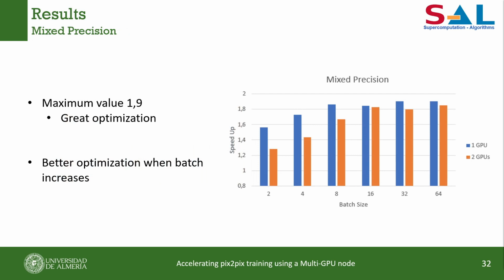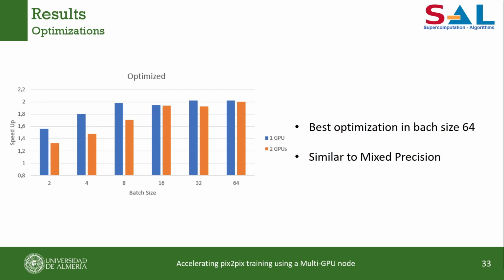Second, mixed precision produces a greater acceleration, reaching a 1.9 speedup. Third, the final version having the input pipeline optimization and mixed precision increases the speedup to 2. The best optimization occurs when batch size is 64.